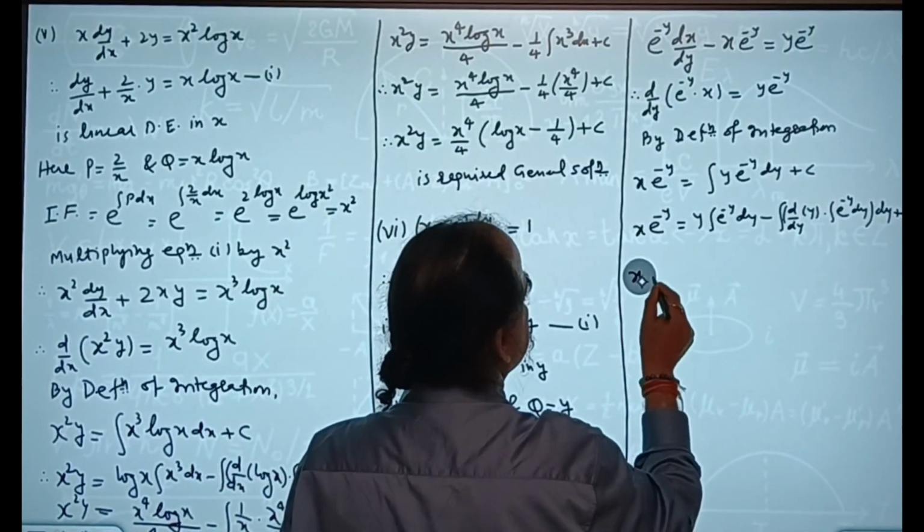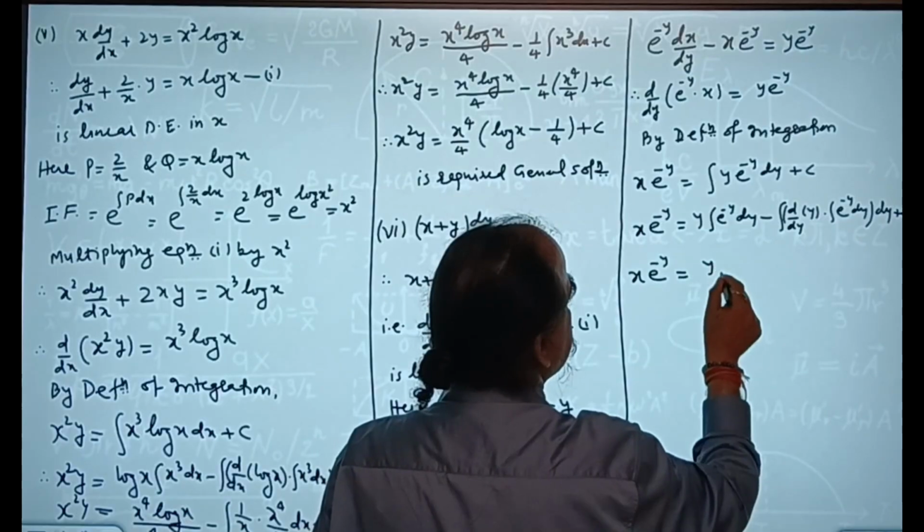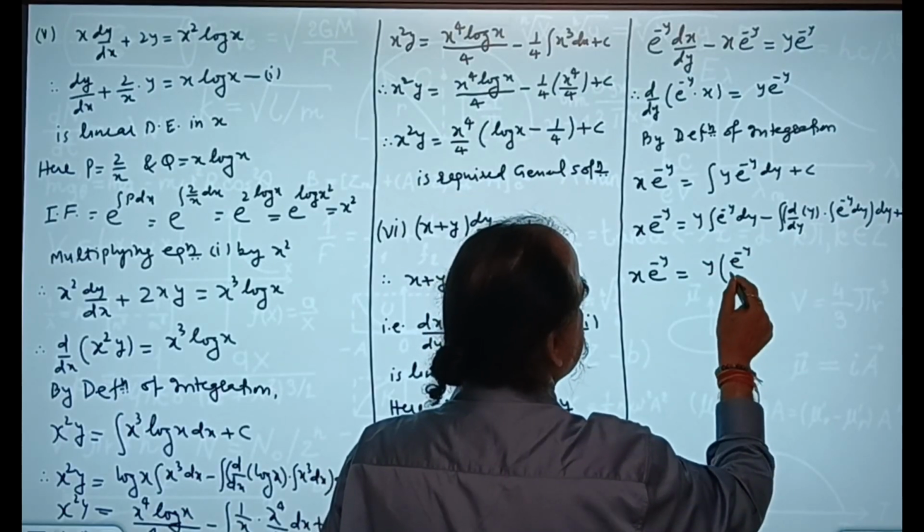So x e raised to minus y is equal to y e raised to minus y upon minus 1.